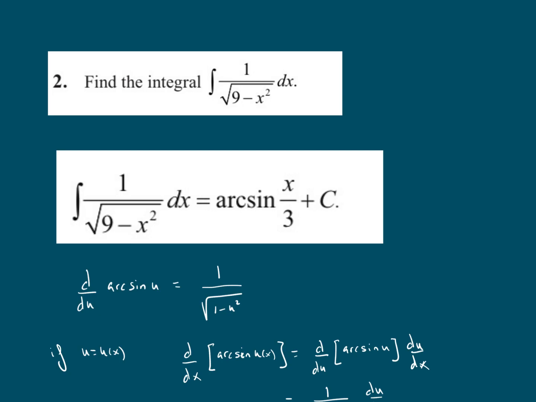This integral is solved by remembering that the derivative of the arcsine of u is 1 divided by the square root of 1 minus u squared. If u is a function of x, the derivative with respect to x of arcsine of u of x is, by the chain rule, the derivative with respect to u of arcsine of u multiplied by the derivative of u with respect to x.